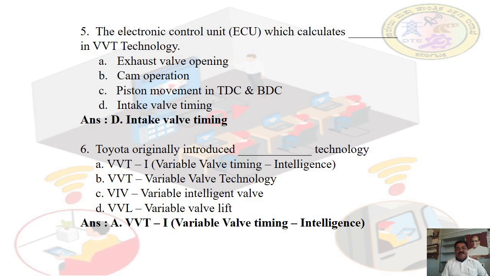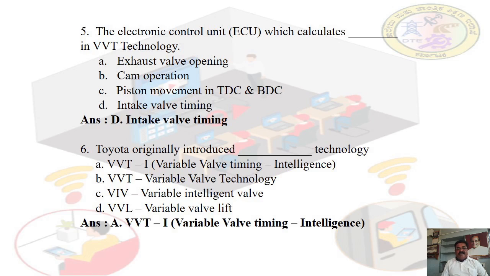Next question. Toyota originally introduced dash technology. Option A, VVT-i, that means variable valve timing intelligence system. Option B, VVT, variable valve technology. Option C, VVI, variable intelligent valve.